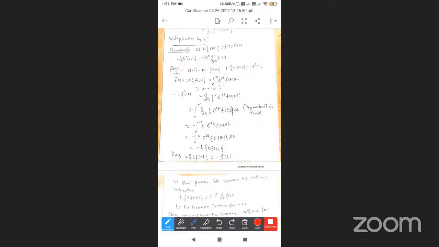Children, first of all, f bar of s is equal to the Laplace transform of f of t, which is the integral from 0 to infinity of e power minus st into f of t dt. This is the formula for the Laplace transform of f of t.